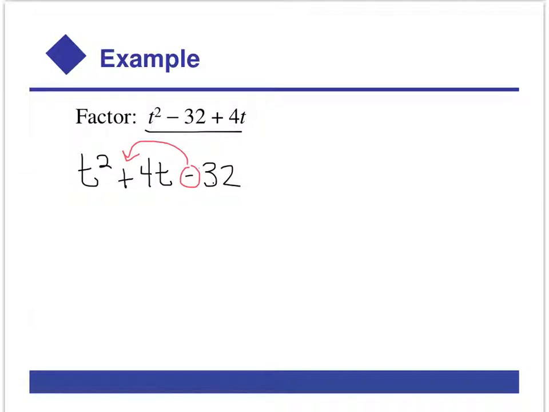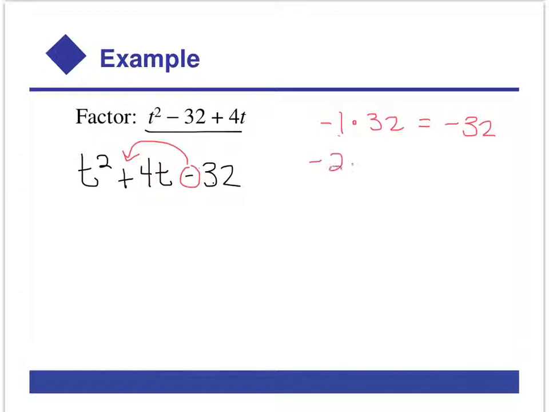So factors of negative 32. How about 1 times 32, and remember the larger one has to be positive this time, so it's going to be negative 1, so it gives me negative 32.